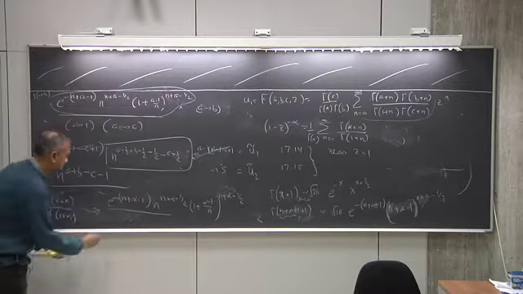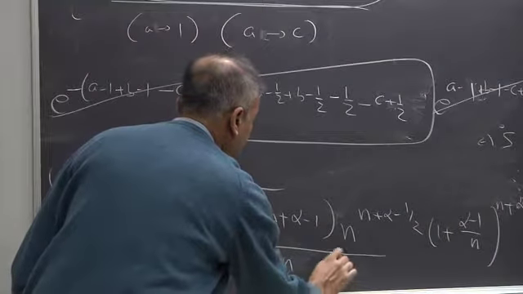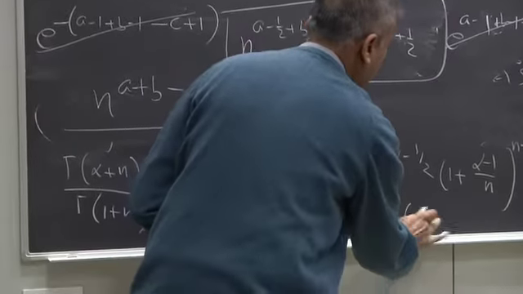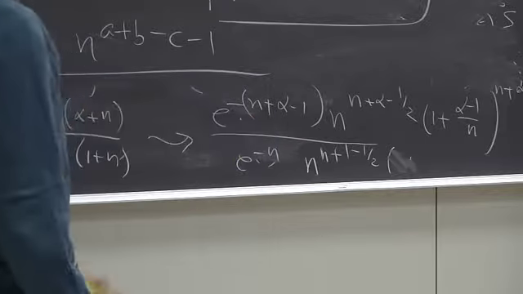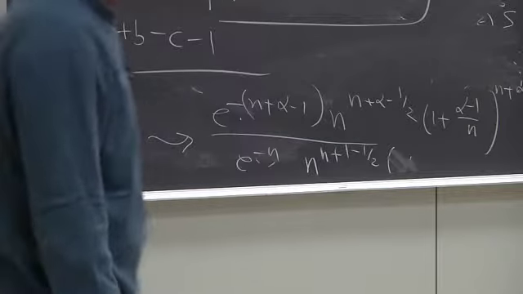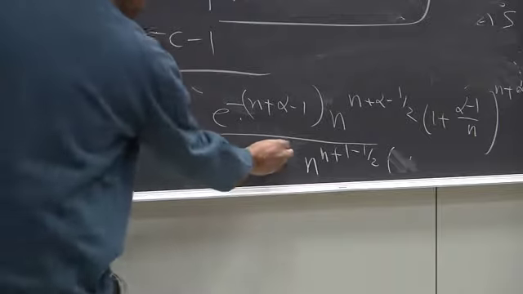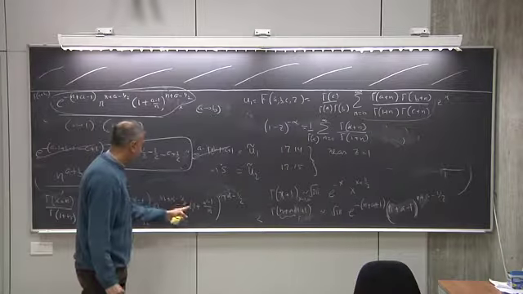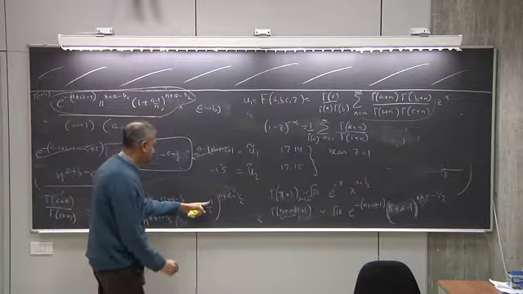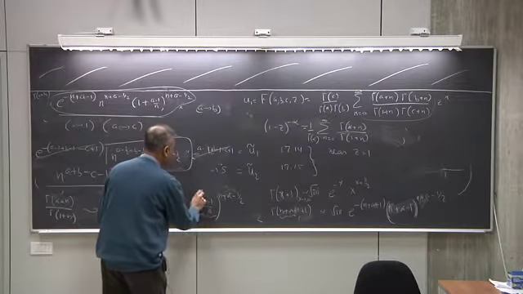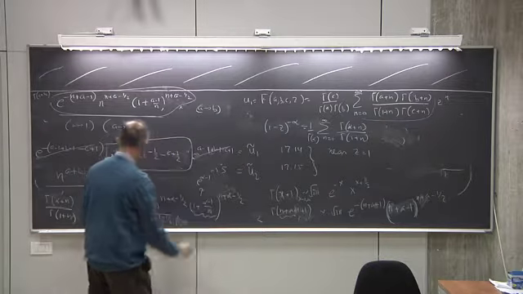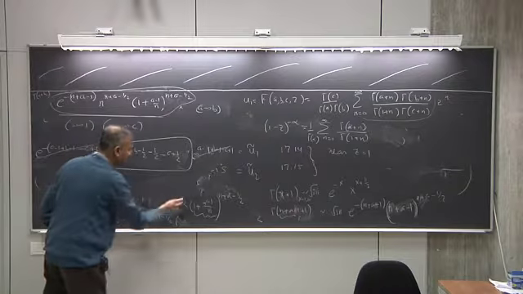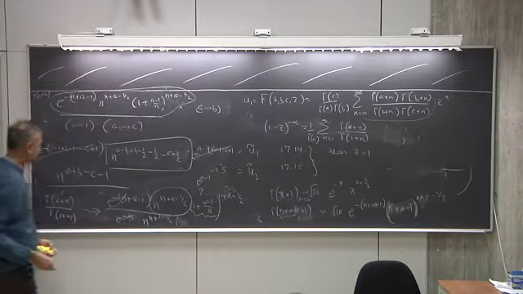So this is e to the minus n, n to the power of n plus 1 minus half, and then the rest is just 1, because alpha equal to 1 drops out in this case. So once again, n cancels with that. And that just gives you e to the power of alpha minus 1, which cancels with that again. So this whole thing cancels with that, and you just get this behavior.